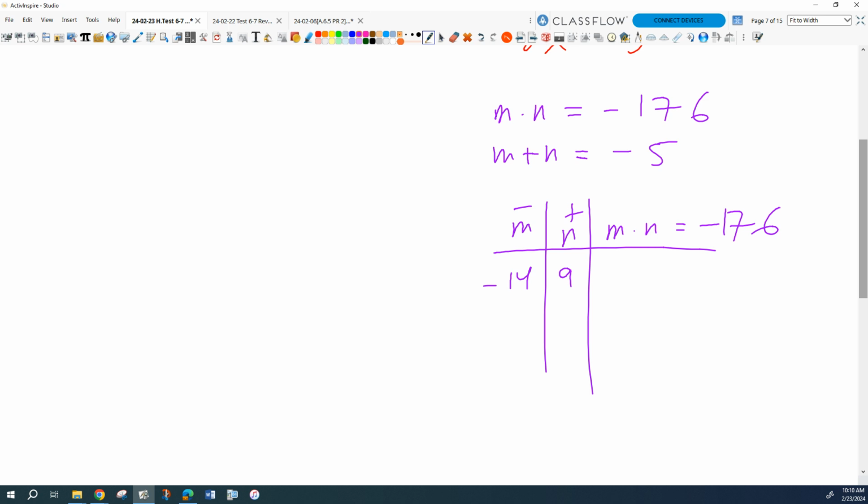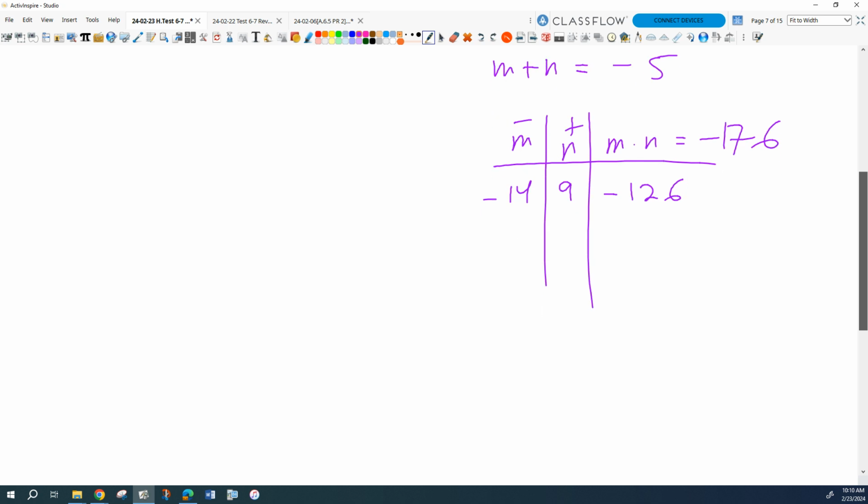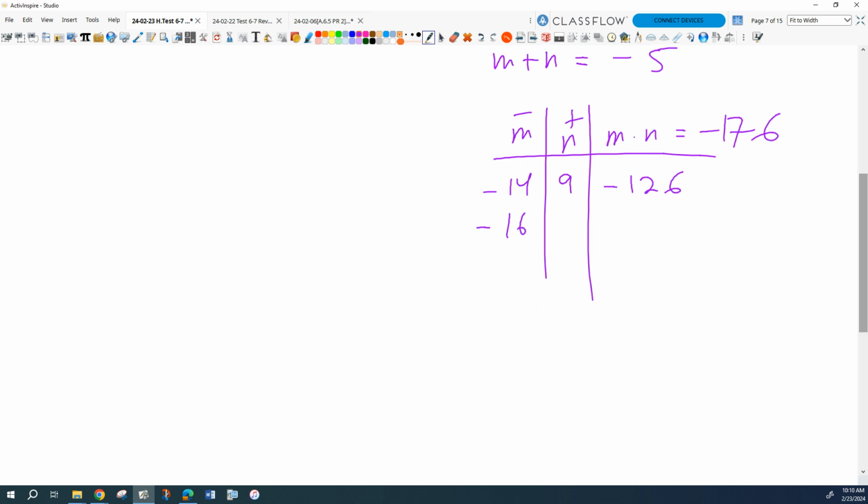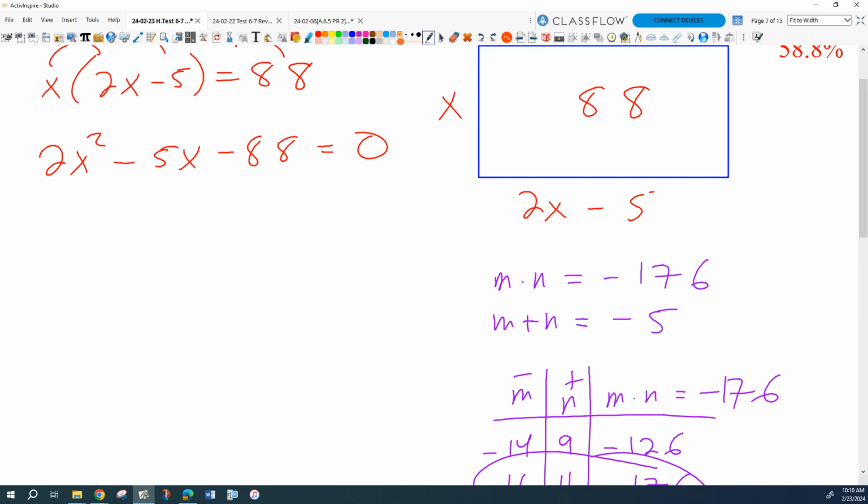I get negative 126. I have to get bigger. What would be a good choice? There you go. You already have it. Negative 16, positive 11 is negative 176. There's our magic numbers. We split this thing into negative, what did we say, 16?